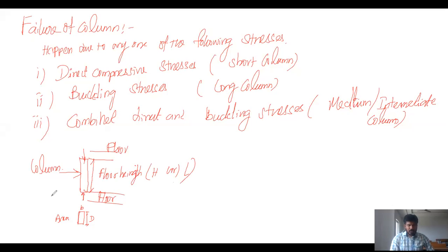So if it is like this and the actual compression load, I am going to take it as P, then the stress sigma is equal to P by A. So here, if I'm going to apply the load, automatically it is going to have some internal stresses within the column.